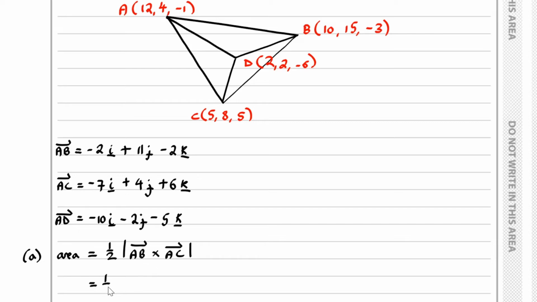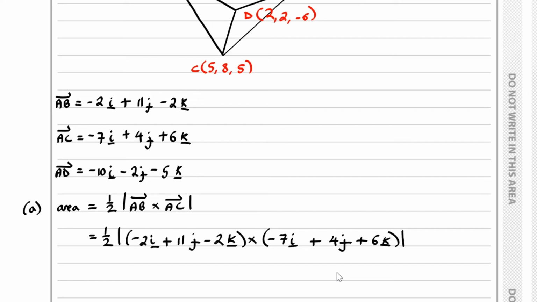So we have 1/2 times the magnitude of AB, so we have minus 2i plus 11j minus 2k, multiplied by AC, so we have minus 7i plus 4j plus 6k.